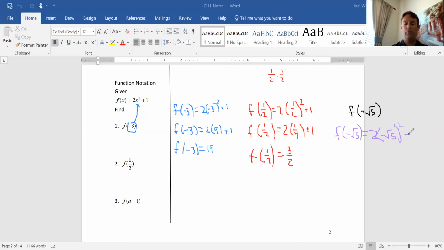All right, so we have the negative root 5 squared. So that means I need to go negative root 5 times negative root 5. So negative times a negative is a positive. And then root 5 times root 5, that's just a positive 5.